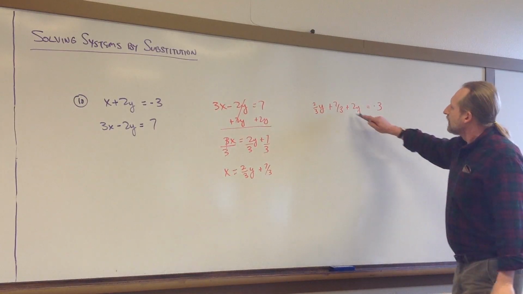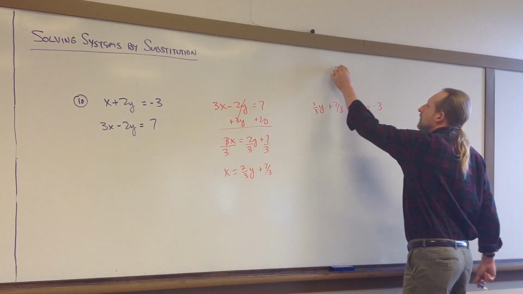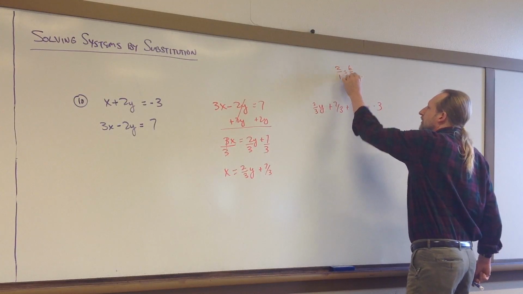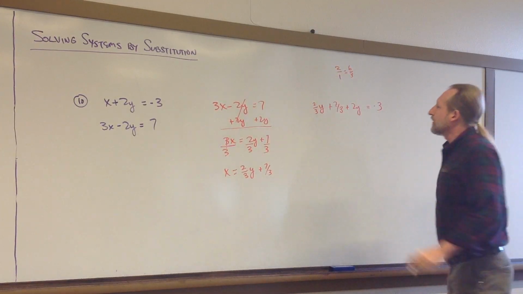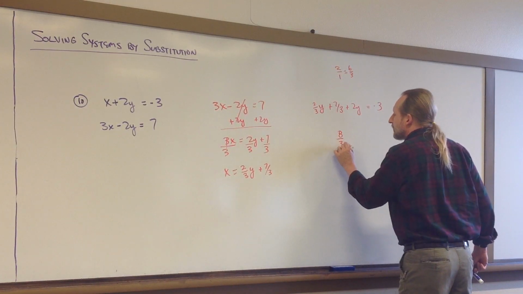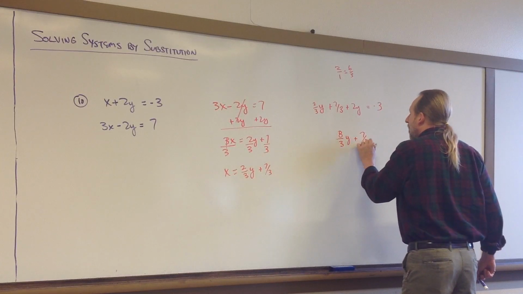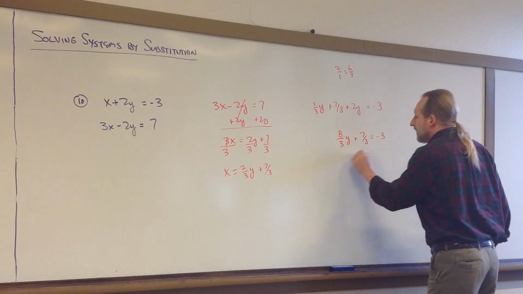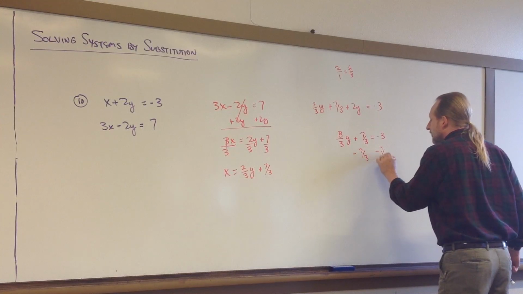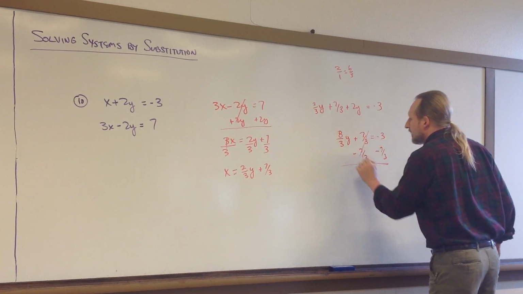So let's see. This is 2 is 6/3, plus 2 more thirds makes 8/3 y. And then we've got to subtract 7/3 on both sides.